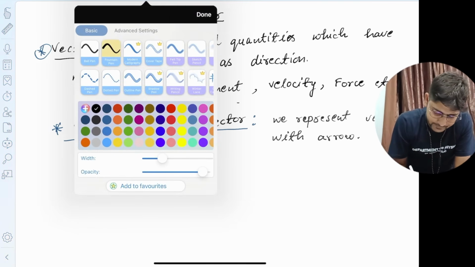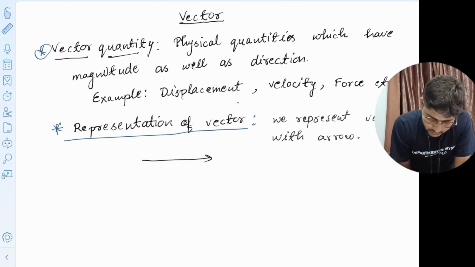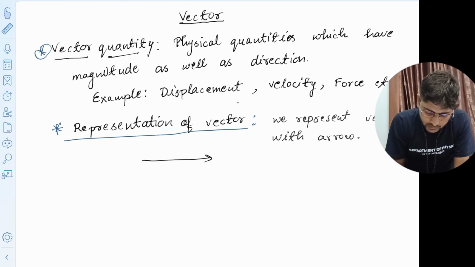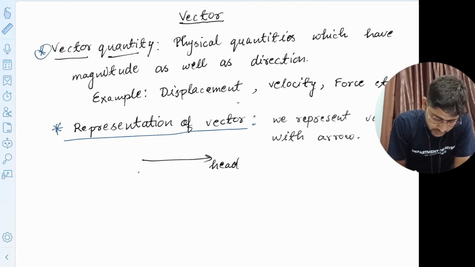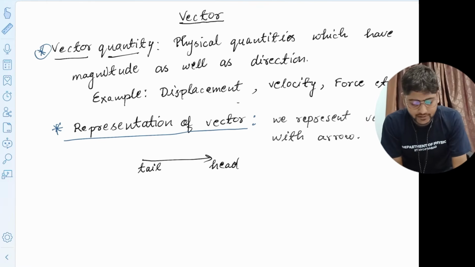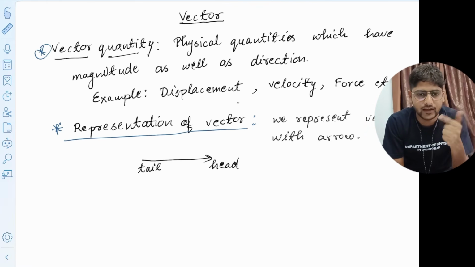How does it look? It looks like this. Okay, this is an arrow. This point is called the head, and this point is called the tail. Vectors have both a tail and a head.